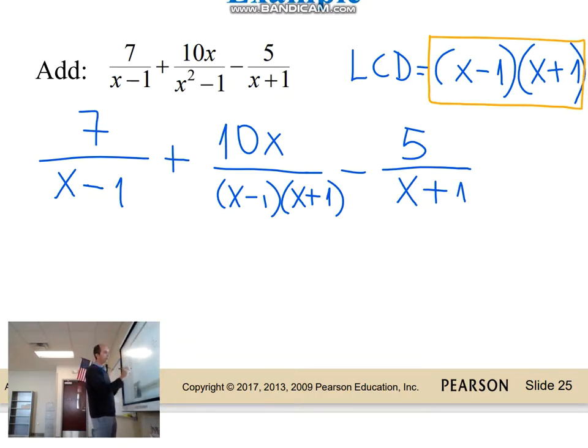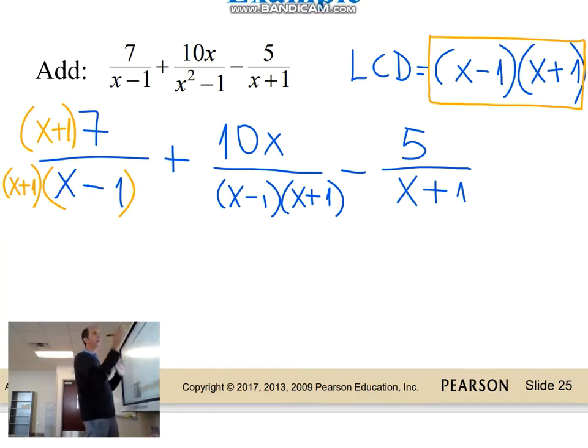So for the first expression, to make it equal, we will multiply on the bottom and on the top by x plus 1. So x plus 1 and x plus 1, right? And the expression here in the middle, we don't need to change because it's already equal to the least common denominator. And the last one, we will have x plus 1.